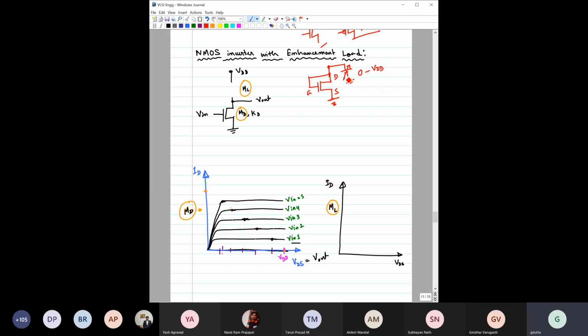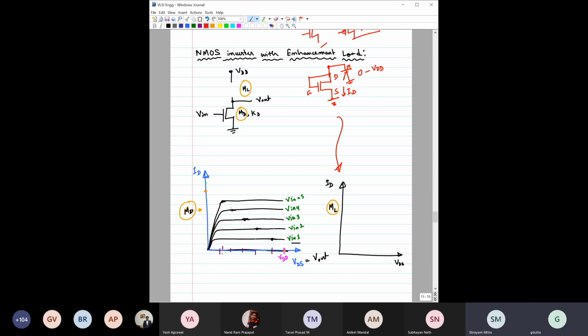Obviously when you are changing this, you have a current, which is ID. And suppose I want to plot this ID versus VDS. VDS is nothing but the supply voltage for this case. So could you please guide me how the ID versus VDS characteristics would look for this MOSFET?